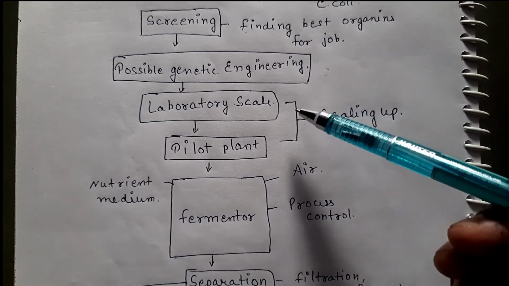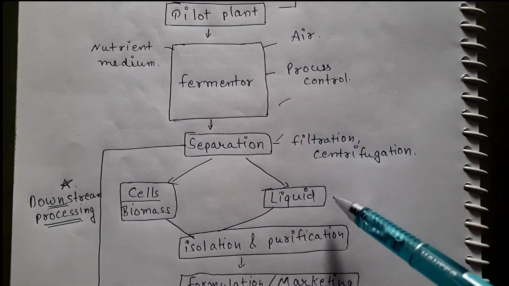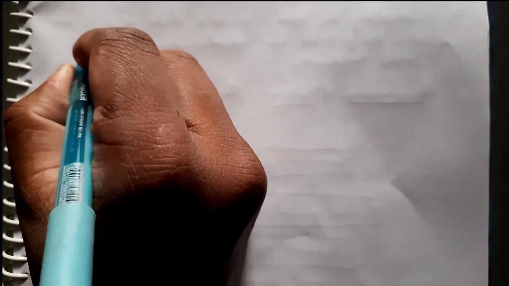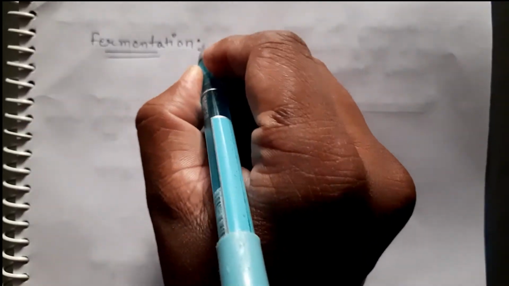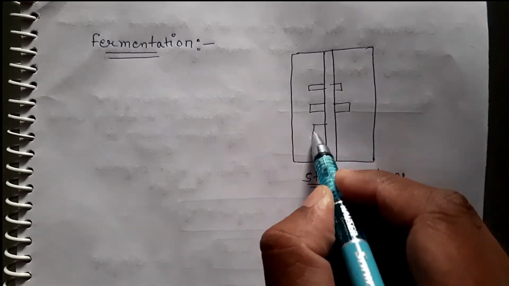Now we have understood the flowchart of RDT, and now we are going to study fermentation. That means how an organism is cultivated in large amounts. We use fermenters for this purpose. Fermenters have 100 to 1000 liter capacities, and fermenters also contain blades for aeration.